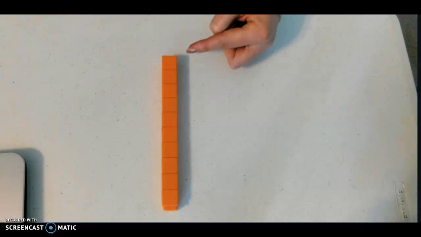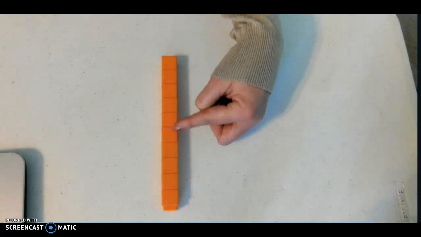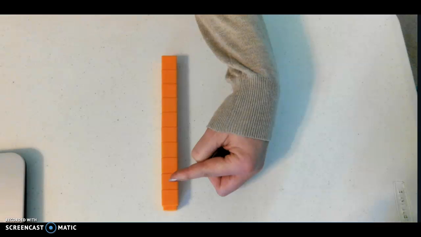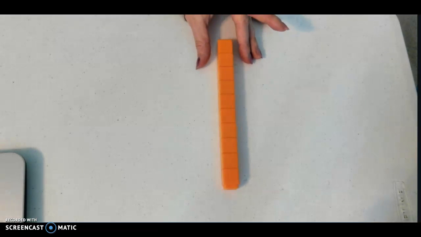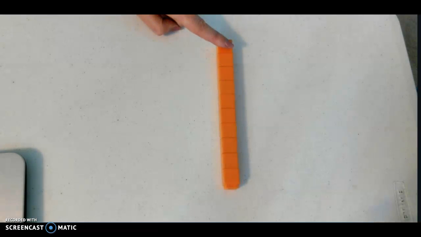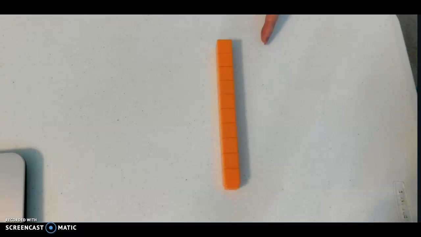Does anybody notice that it's made up of 1, 2, 3, 4, 5, 6, 7, 8, 9, 10 cubes? Okay, so we'll focus in on that guy. So how many cubes are here? 10. And how many towers do I have?